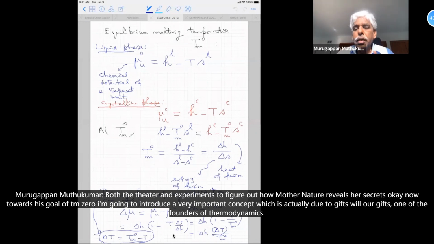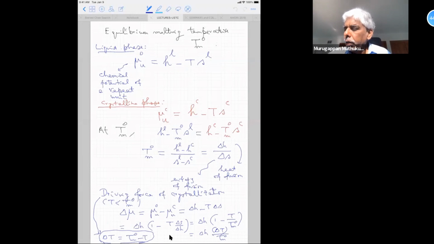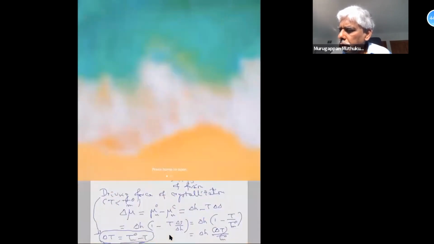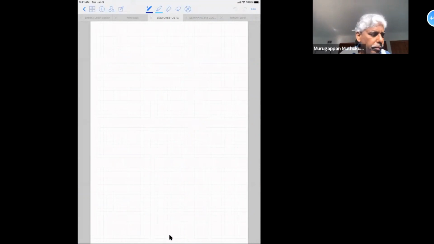Okay. Now, towards this goal of Tm0, I'm going to introduce a very important concept, which is actually due to Willard Gibbs, one of the founders of thermodynamics. And to do that, I'm going to take the example of a lamella.